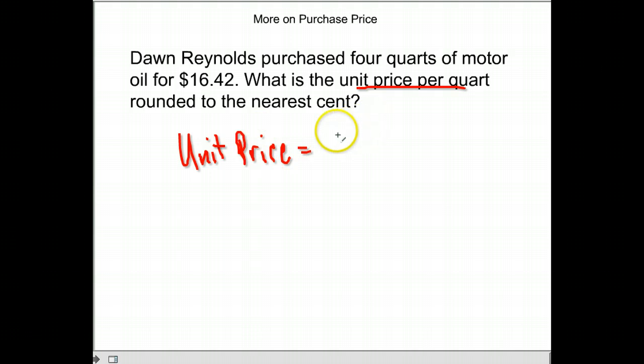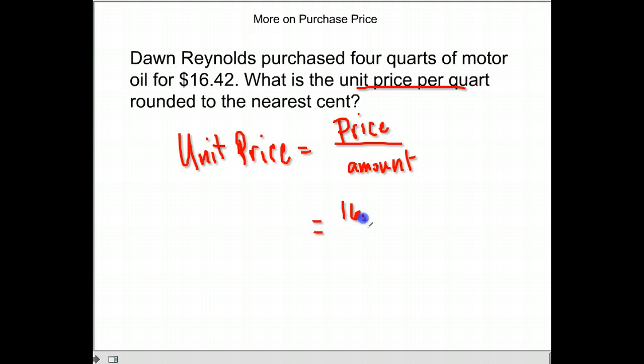Okay, to find the unit price of an item, you take the price divided by the amount, so however many units you have. This wants price per quart, so we're going to take the price divided by the number of quarts.